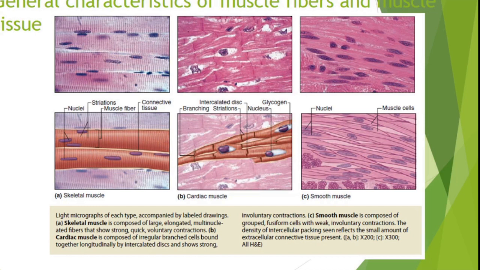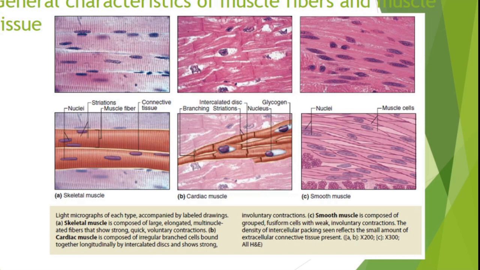Number 2, meron tayong specific term na ginagamit to illustrate the different parts of the muscle fiber. Like for example, kung ang cell membrane sa muscle tissue, ang tawag natin doon ay sarcolemma.